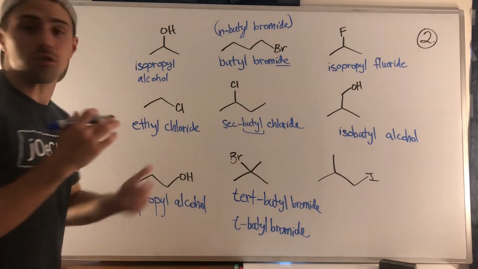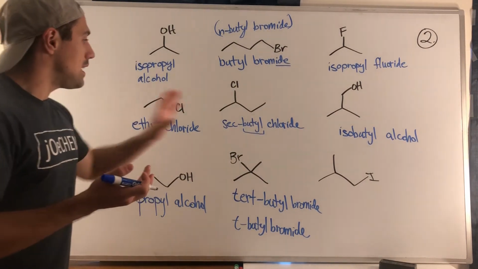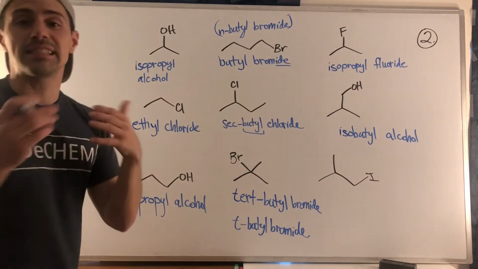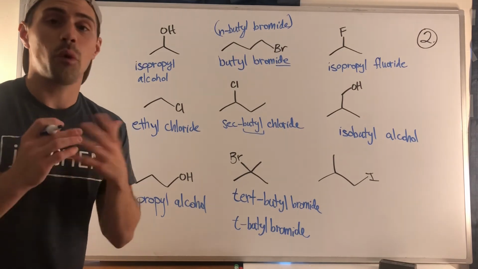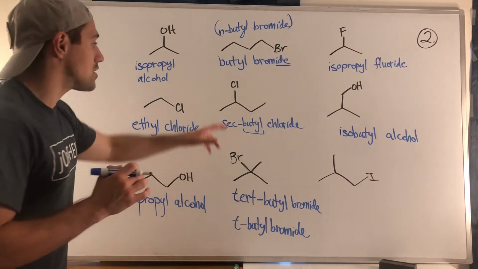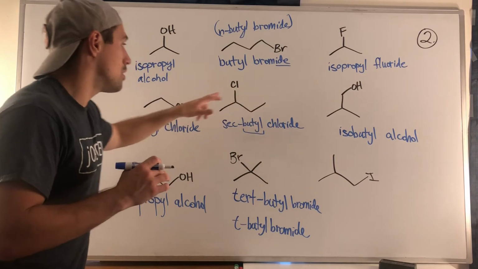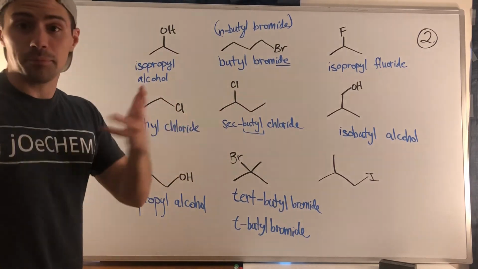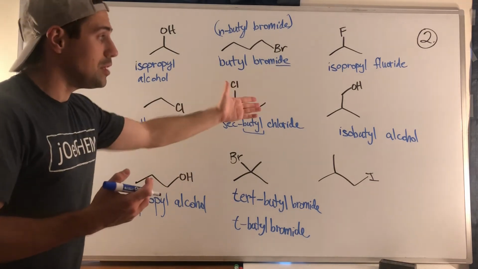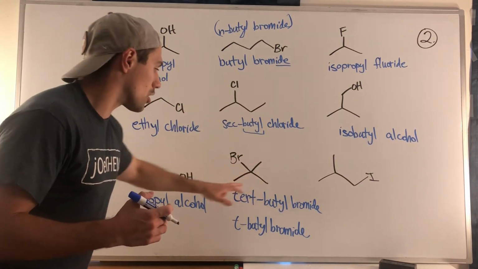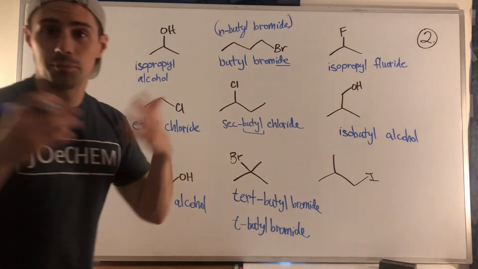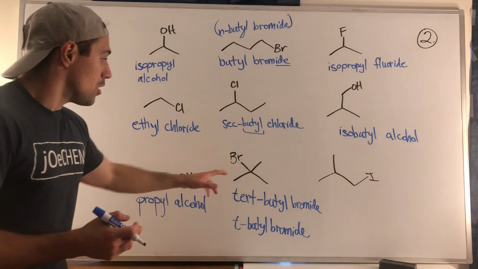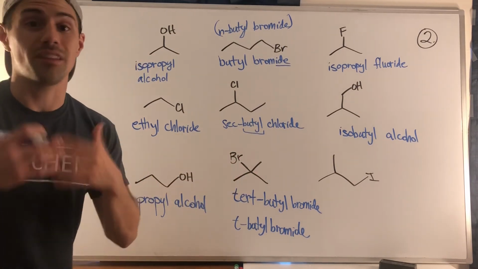Remember, if you're still struggling with why that makes sense, we can use the sec-butyl when we're just straight chain butane because there's only secondary carbons, right? And if we want to designate that we're not just attached on these terminal carbons right here, the special interior ones are secondary. That's why we use sec-butyl. Now, in the case of isobutane, any of these primary carbons right here, we can just say isobutyl because that means we're just attached on the end. However, we have that special tertiary carbon on the interior.